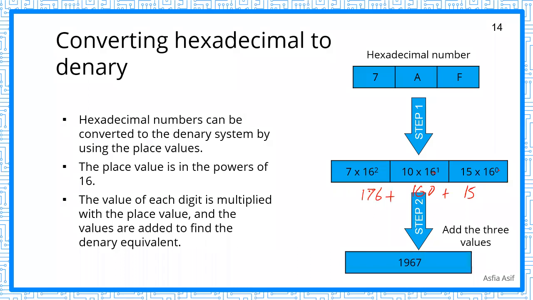No, 146, 146 into 7. Okay, the answer should be 1967. The method is the same with the binary to decimal conversion, only difference is the base.